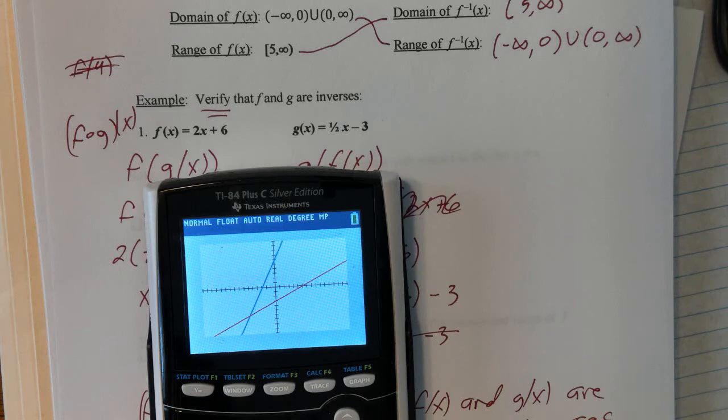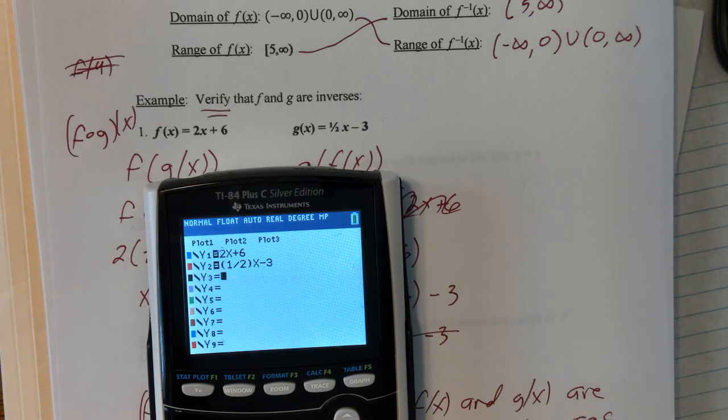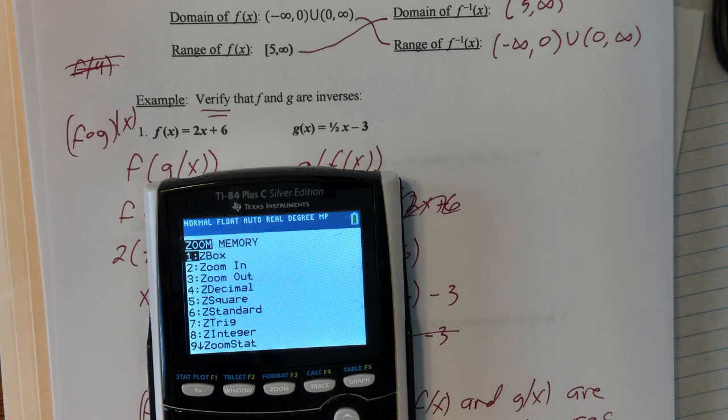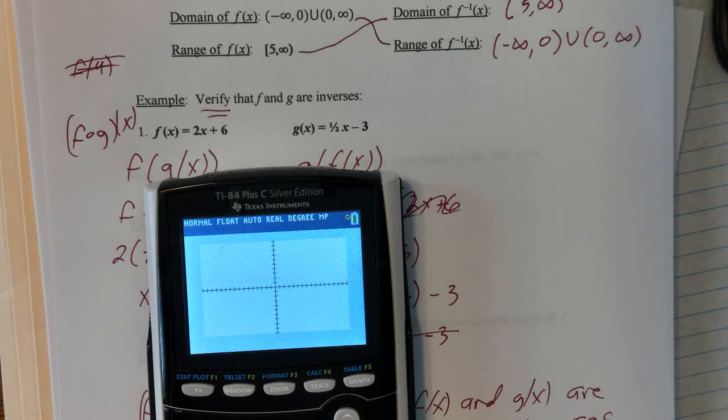What's interesting is anytime you graph inverses, they are mirror images over the line y equals x. And here's what I mean by that. Remember, inverse means trade the x and y.